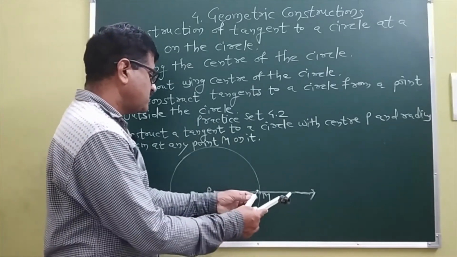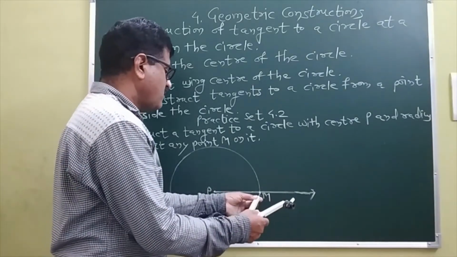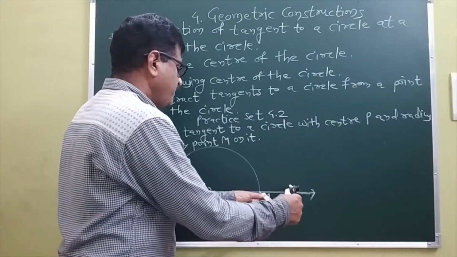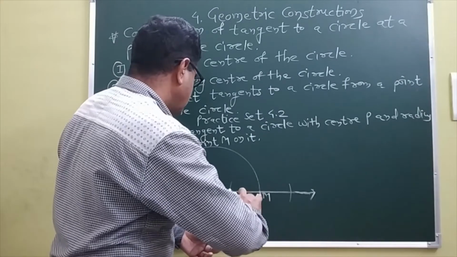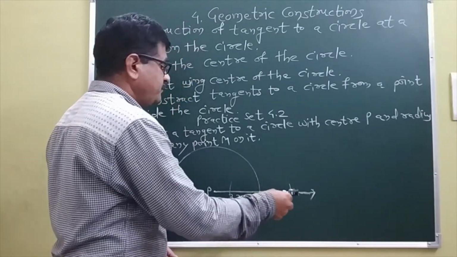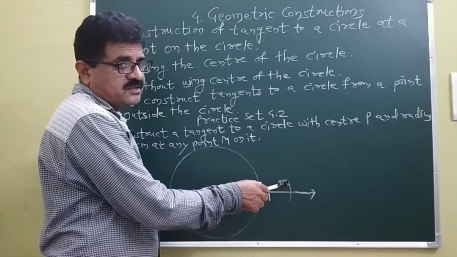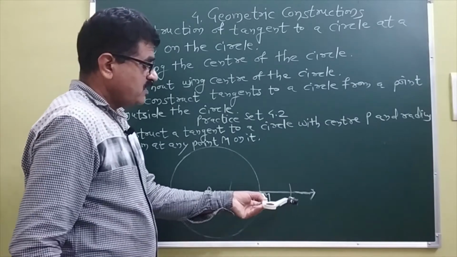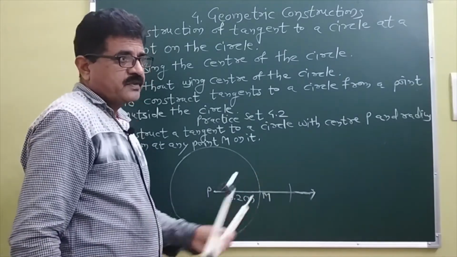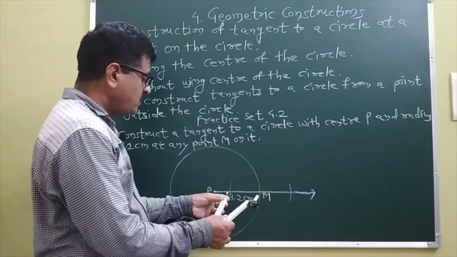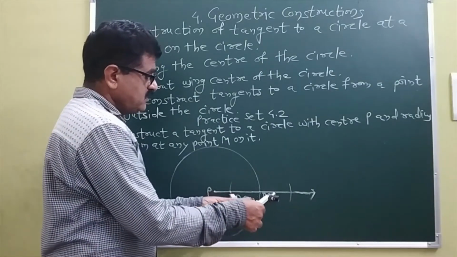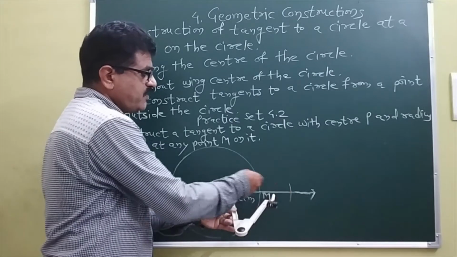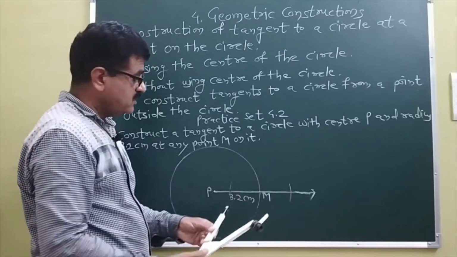Now we have to construct the tangent at point M. For this, first keep one point of the compass at point M and draw arcs on both sides of this point at an equal distance. Now take more than half of this distance, because we have to draw the perpendicular bisector of this distance.